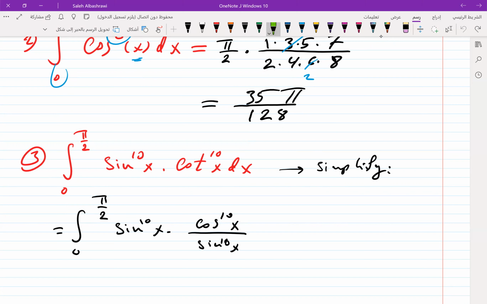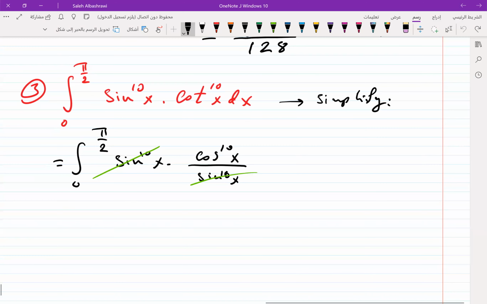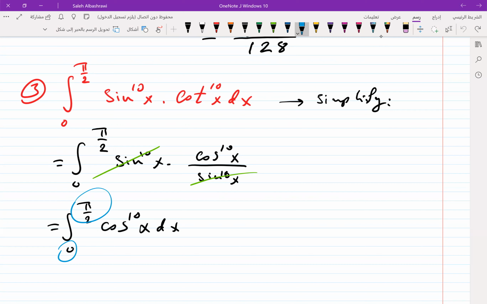So I can simplify sine with sine. I will have only cosine, the integral from 0 to pi over 2 of cosine to power 10 x dx. Limits are okay, 0 to pi over 2 of x, and n is equal to 10. So n minus 1 will be 9 in the numerator.